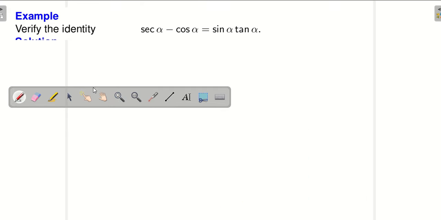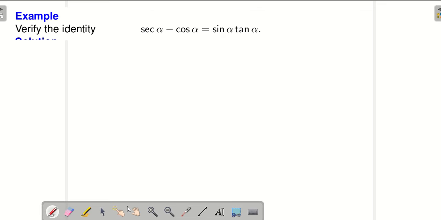Now let's look at a particular question from the slide. Verify the identity. So it means that we show that this is equal to this. So let's start with sec alpha minus cos alpha.